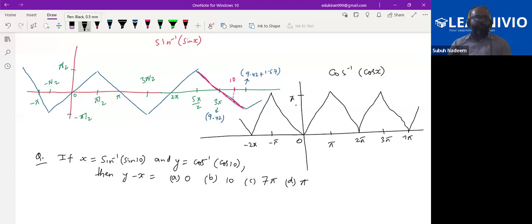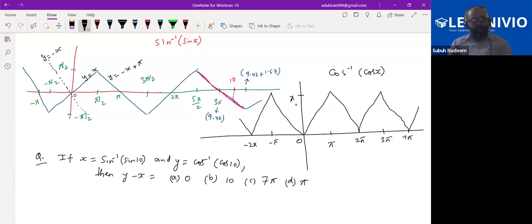This line is y is equal to x, and this line is y is equal to minus x plus pi, because minus x will be a line which will be like this. This is y is equal to minus x. So it is shifted by pi units to the right. So we will say that it is minus x plus pi, right?